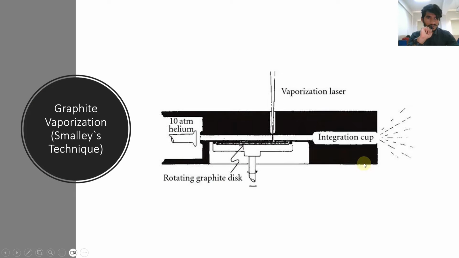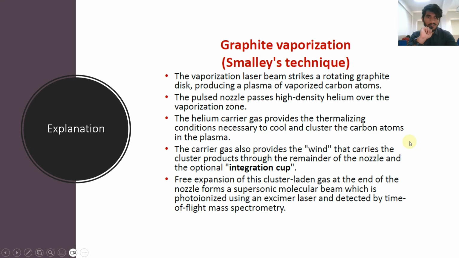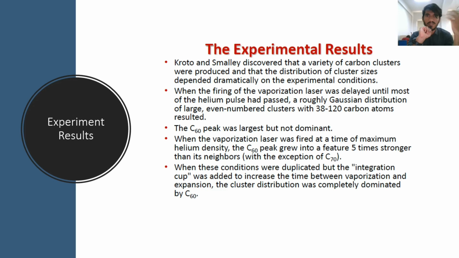After passing through this integration cup, it forms a supersonic molecular beam, which is photoionized by an excimer laser, and then detected by time-of-flight mass spectrometry, where we can detect our products. That's how the graphite vaporization technique is done for the synthesis of fullerenes.